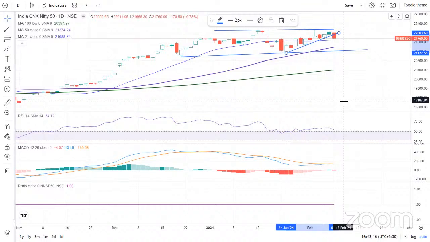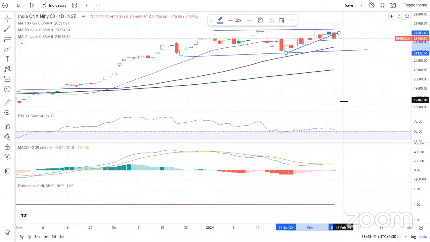So if I talk about the next couple of weeks or next few trading sessions, now negativity has extended further, but not that much. I can say sideways with negative bias, and the range may be 21,000 to 22,000 plus minus 100 or 200 points. So this is the current scenario as per our opinion.